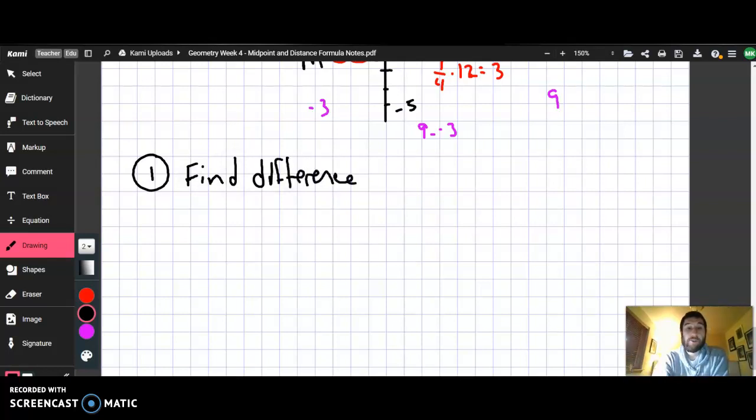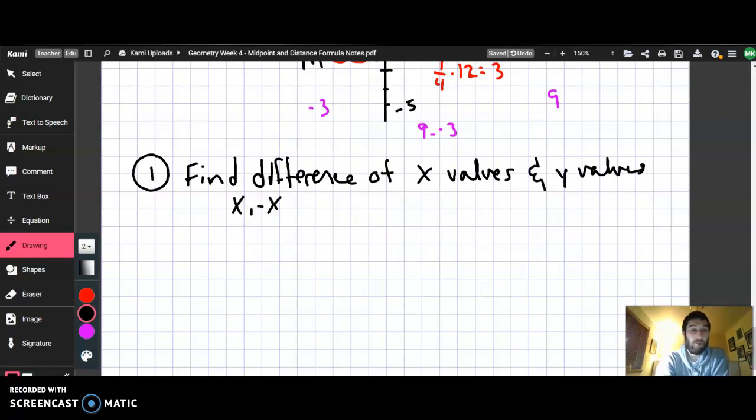And you're finding the difference of your x values and y values separately. And so essentially you're taking your x1 minus your x2 and your y1 minus your y2.